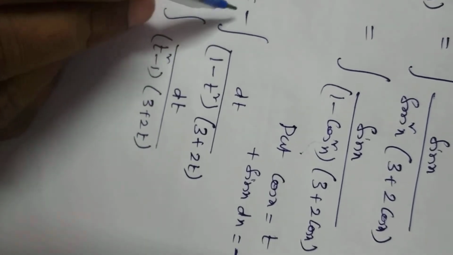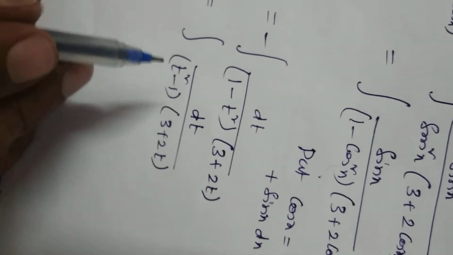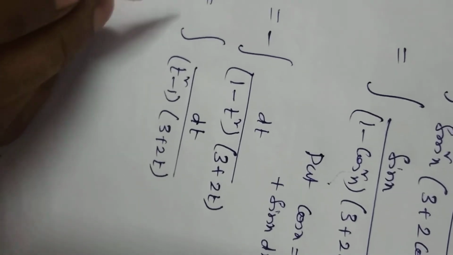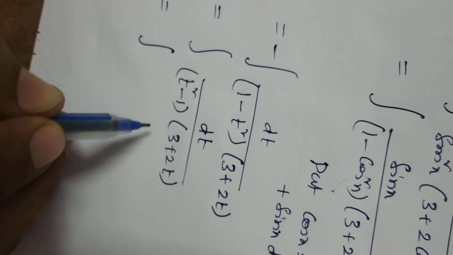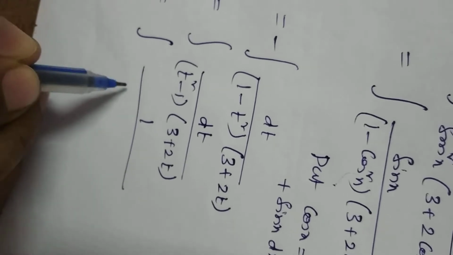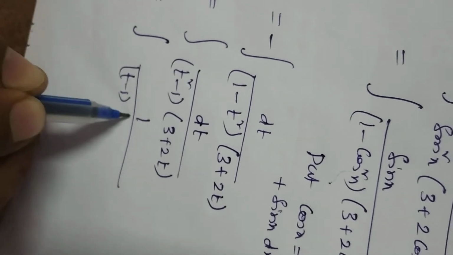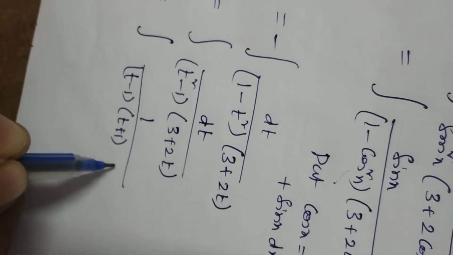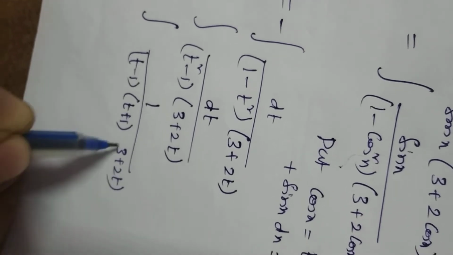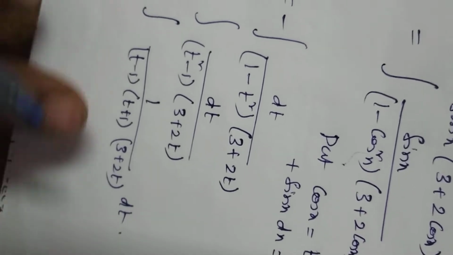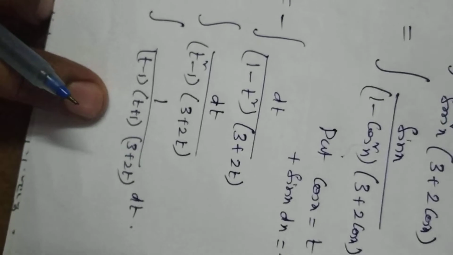Further it can be written as 1 by (t minus 1)(t plus 1)(3 plus 2t) dt. Now for this I am going to apply partial fractions.